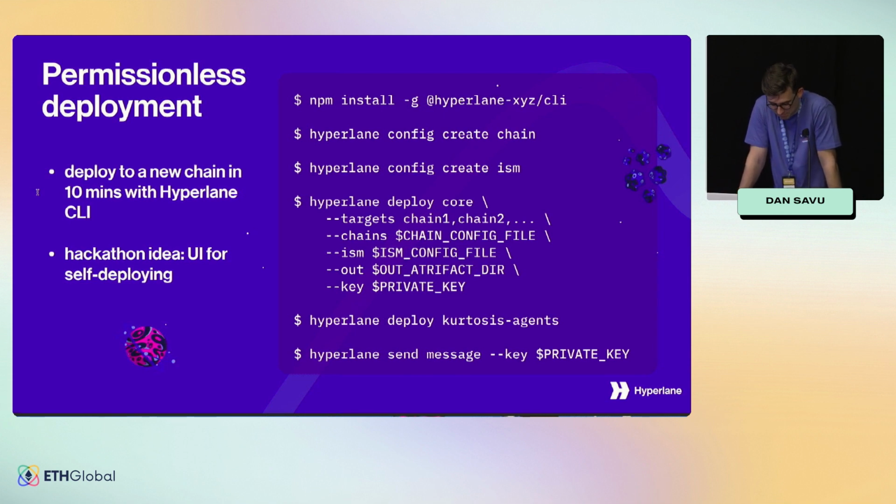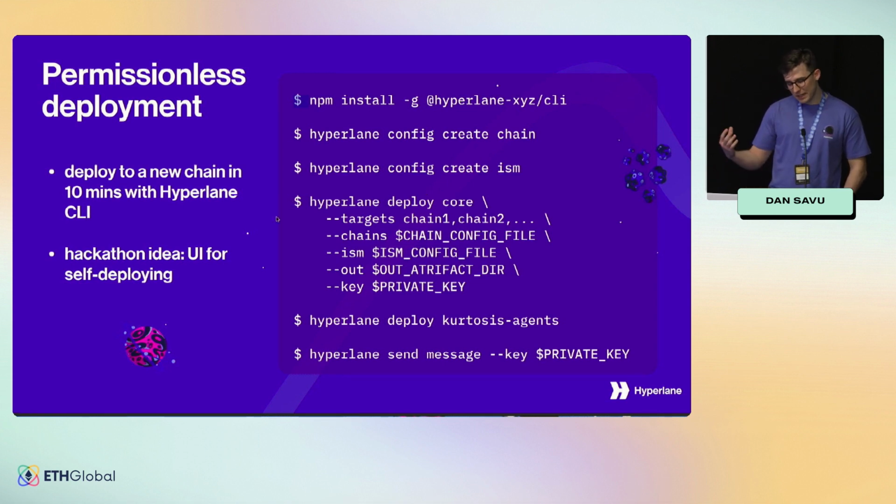What you have to do is go to npm and install the Hyperlane CLI. If you've just launched a new chain, you run config create chain, which asks you for the RPC URL, a name, basically stuff you'd add onto your MetaMask wallet when supporting a new chain.